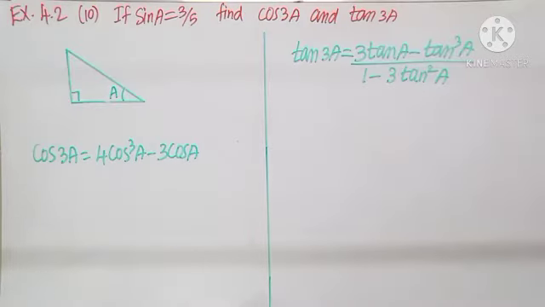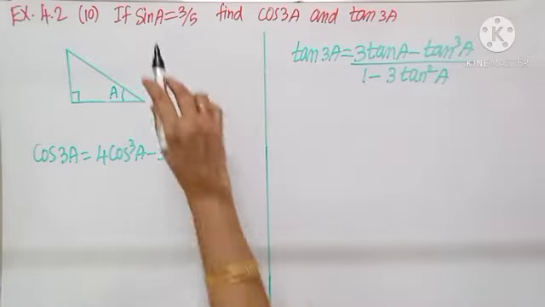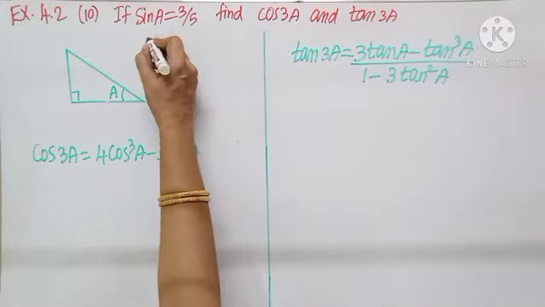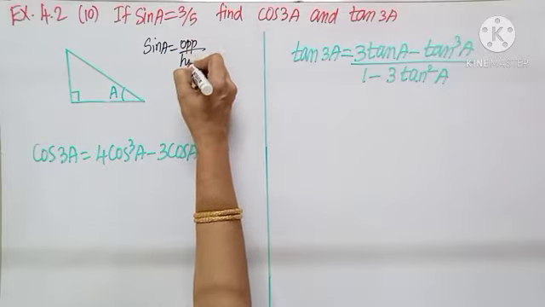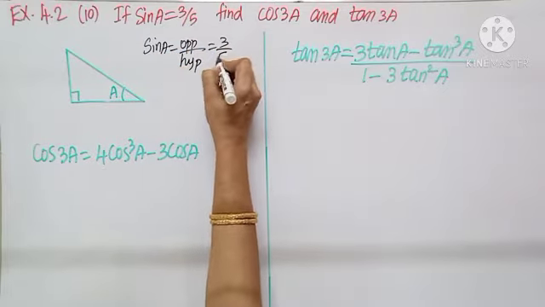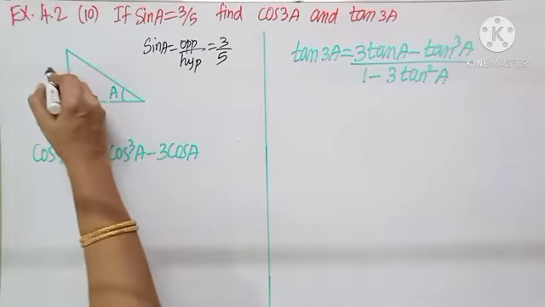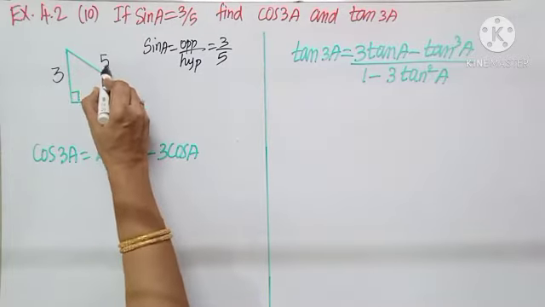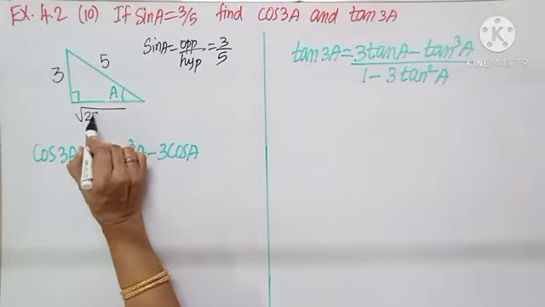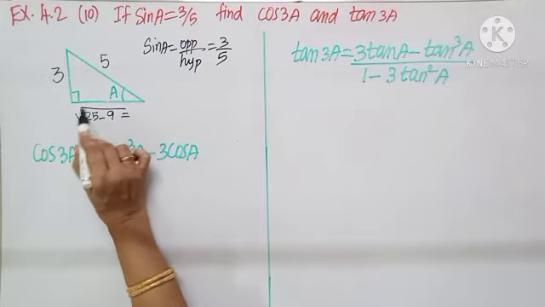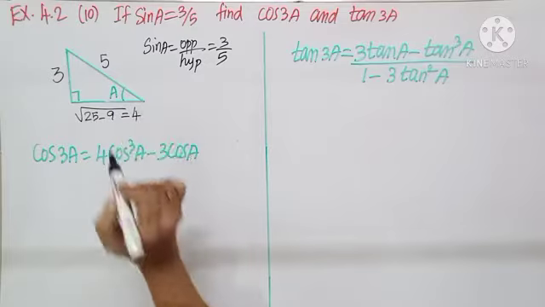Question number 10. If sin A equals 3 by 5, find cos 3A and tan 3A. Given sin A is 3 by 5, we know sin A is opposite by hypotenuse. For A, opposite 3, hypotenuse 5, naturally the adjacent side is the square root of hypotenuse square minus opposite square. 25 minus 9, 16, square root is 4.